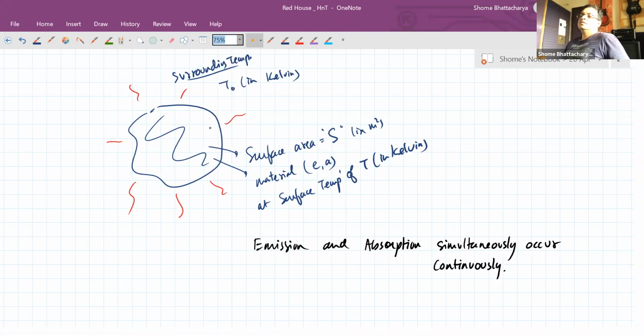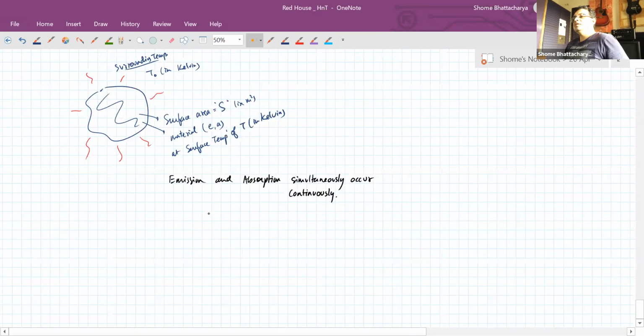As they occur, the rate of emission, that is, we can say dq by dt, will be nothing but emissive power multiplied by surface area.